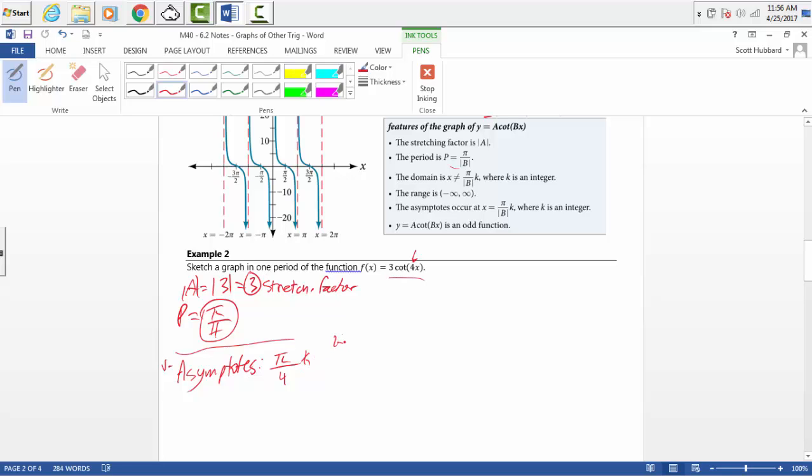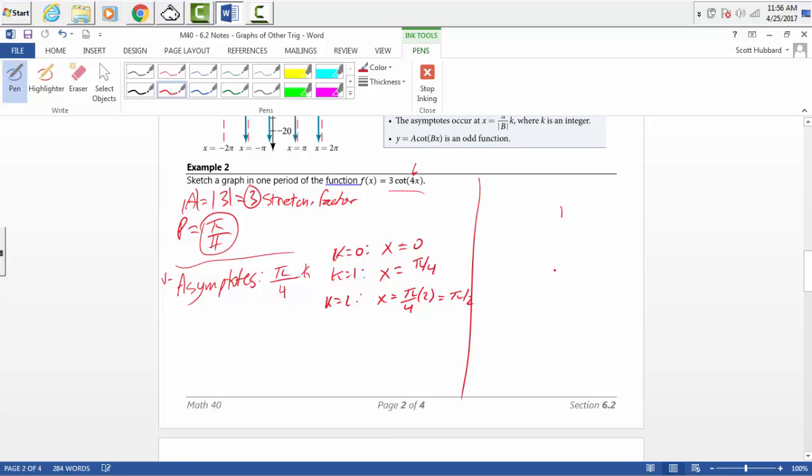So if you let k equal 0, we have a vertical asymptote at 0. If you let k equal 1, we'll have a vertical asymptote at pi over 4 times 1, pi over 4. If you let k equal 2, you'll have x equal to pi over 4 times 2, which will be pi over 2. Okay, and those are some of the vertical asymptotes.